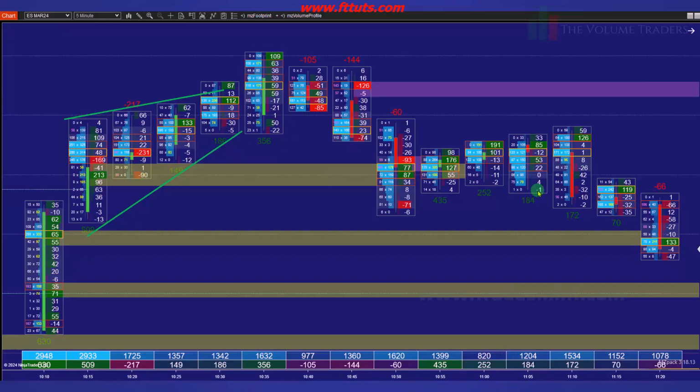The footprint chart was created by Market Delta company and was released publicly in 2003. So it is amazing that it was over 20 years ago, and I heard about this for the first time about 3 years ago. So the footprint chart is nothing new.